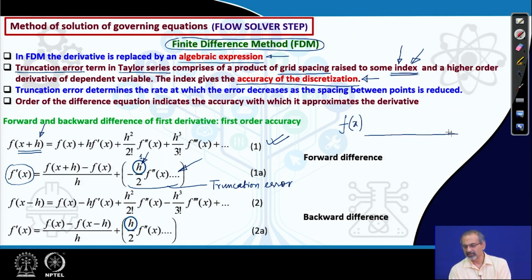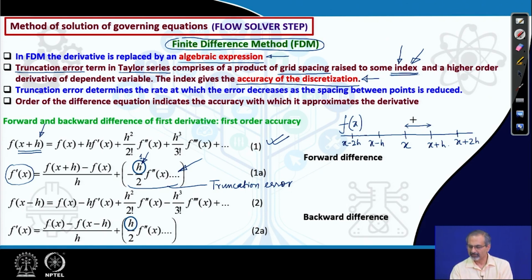What is the idea of the grid spacing? This is the point x. We have a neighboring point at x+h, we can have another neighboring point at x-h, and still more, and all of them are at equal distance from their adjacent neighbors.